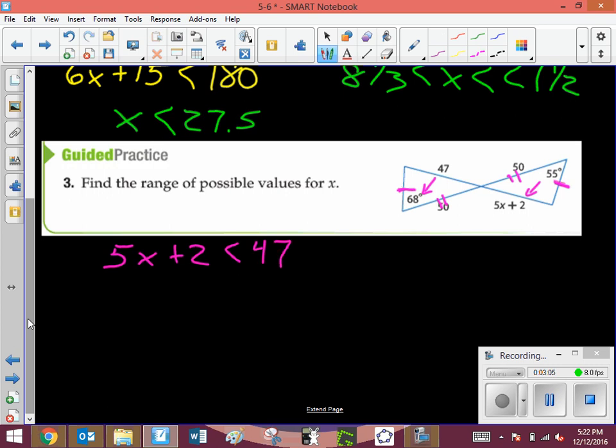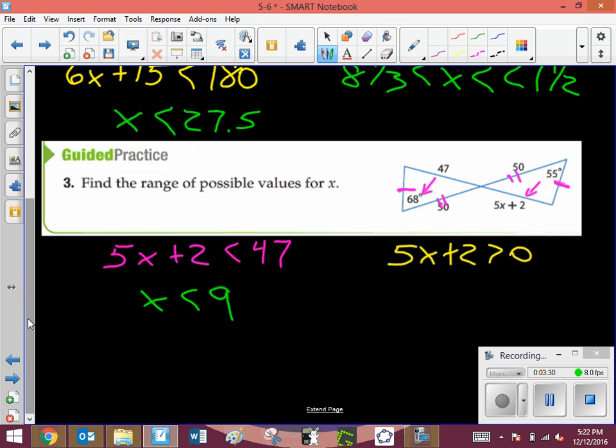Again, though, if we think about side lengths, the length of our side has to be bigger than 0. We can't have a negative side length. So we're going to say that that side length, 5x plus 2, is also greater than 0. And the same thing applies, we're going to solve this. Subtract 2, divide by 5, x is going to be less than 9.